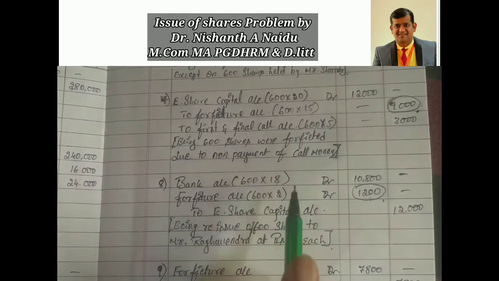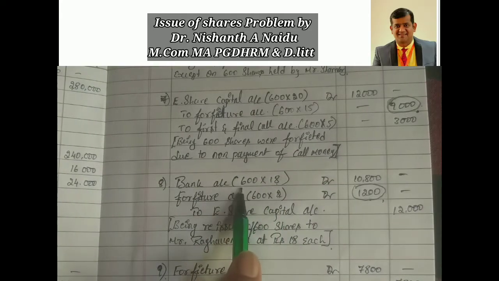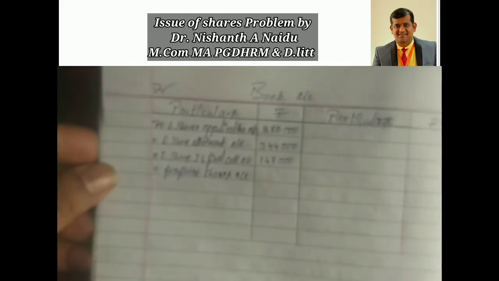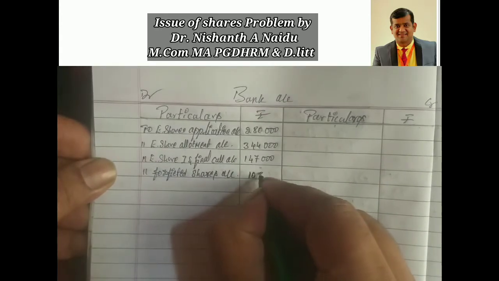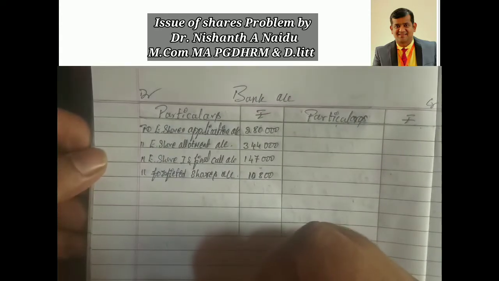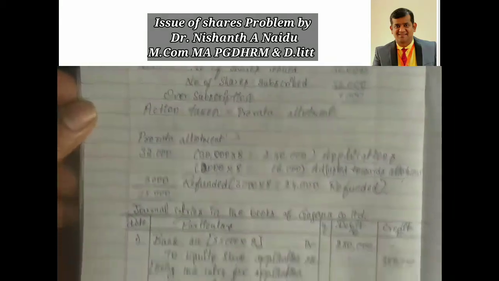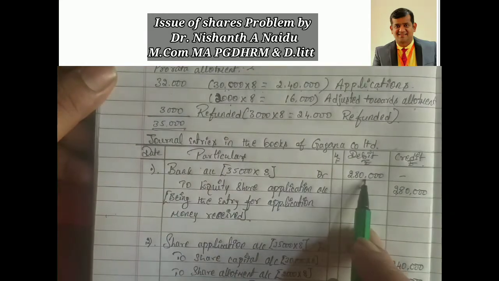So 600 shares were reissued to Mr. Raghavendra at rupees 18. So I have received 600 into 18, 10,800. So I am writing forfeited shares account as 10,800 rupees.